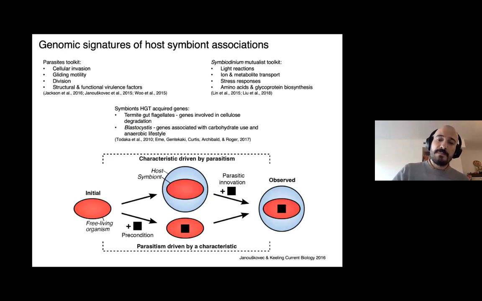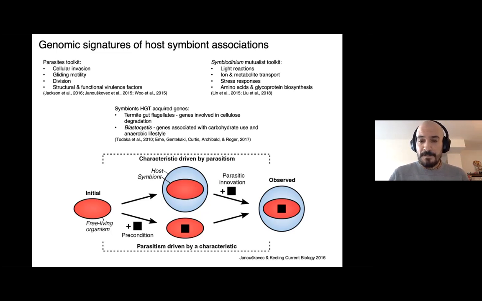What I'm going to show you here is that some people have been claiming for the last couple of decades that parasites, and mutualists as well, are genomically different from free-living organisms. And recently it has been shown, by sequencing the free-living counterparts of parasites and mutualists, that the genomic toolkit that certain organisms use to parasitize or to behave as mutualists was already present in related free-living organisms that were not associated with any host.